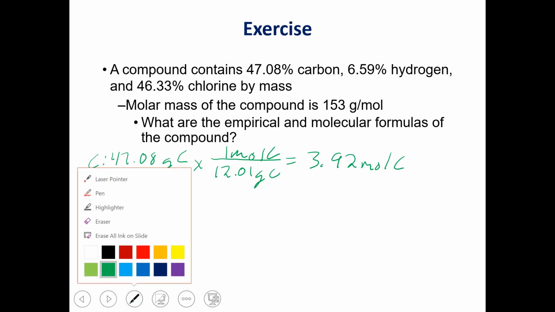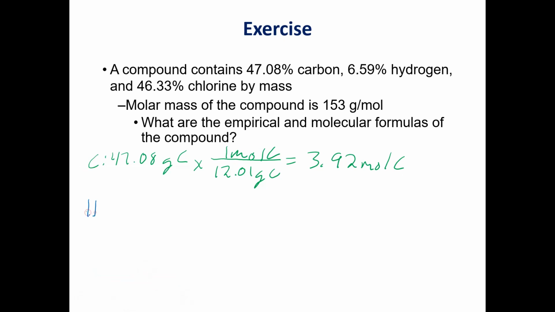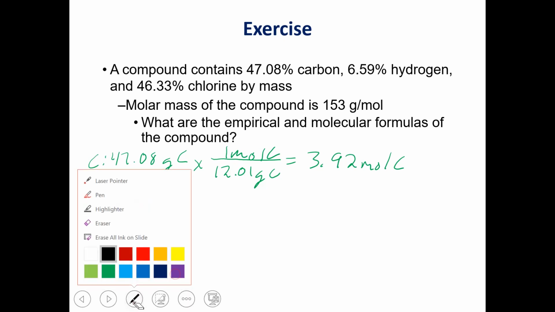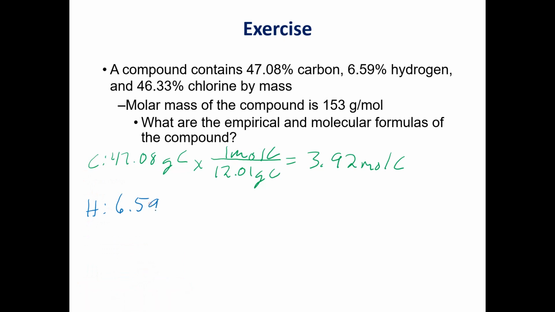And then for hydrogen, we have 6.59 grams of hydrogen per 1.01 grams of hydrogen per mole.